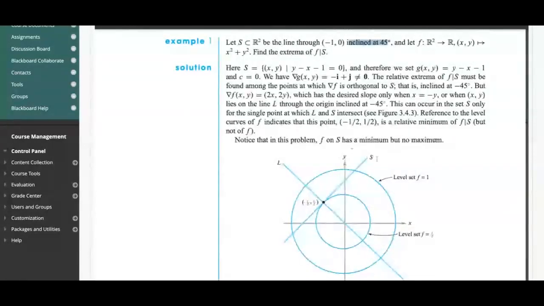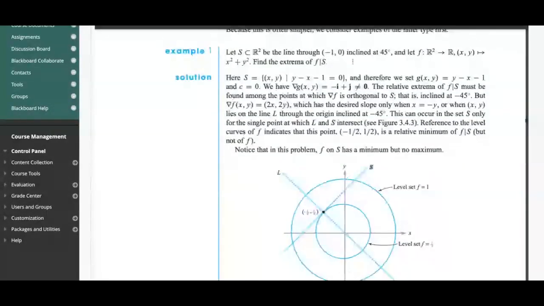This is S, a line passing through the point -1, 0, and it forms 45 degrees with the x-axis. We know the slope is tangent 45, which is 1.